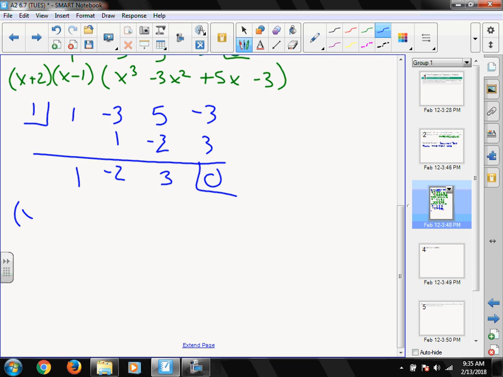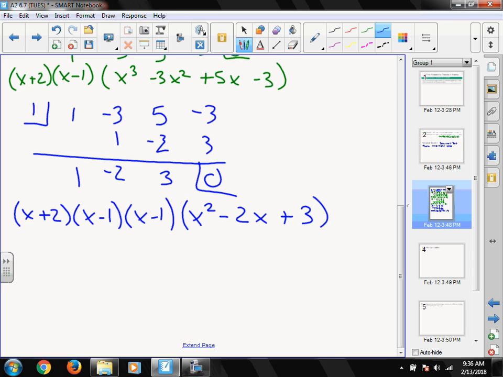Okay, so I've got the function x plus 2 times x minus 1 times x minus 1 times x squared minus 2x plus 3. Okay, so I have a repeated solution at 1.